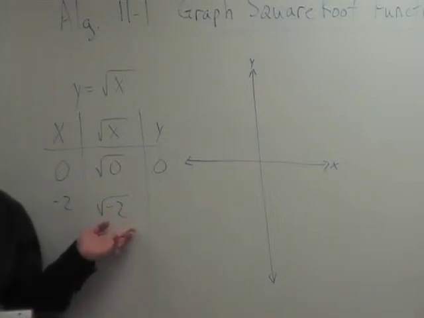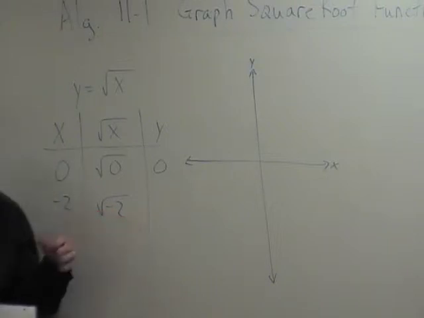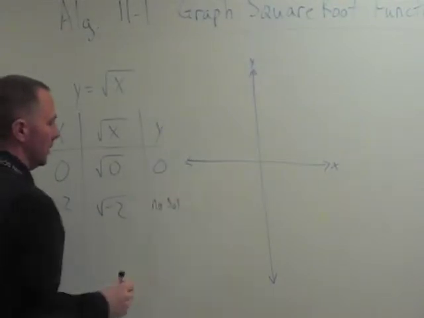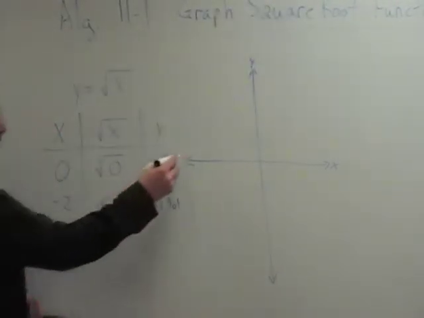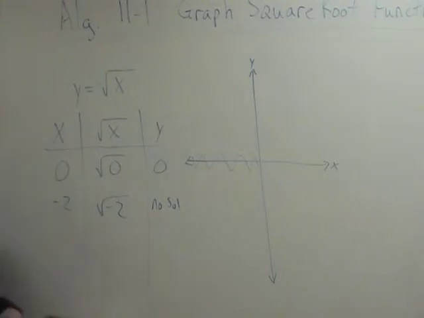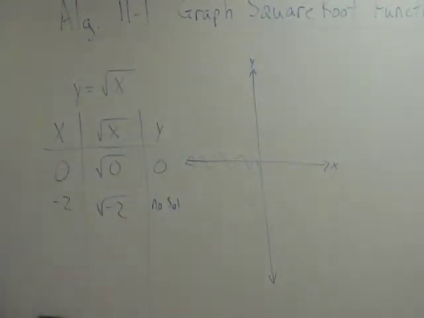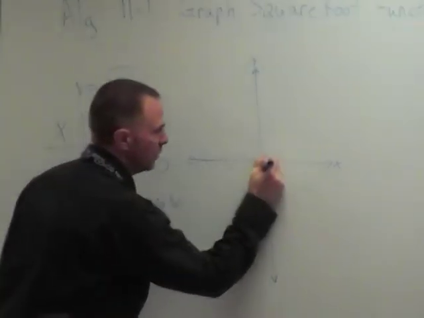What's under the radical needs to be greater than or equal to 0. So this doesn't work. Negative values are not going to be a part of this graph. Okay? So 0, 0 is the first one.